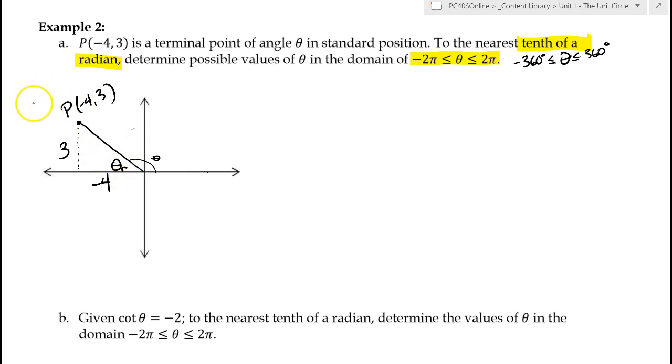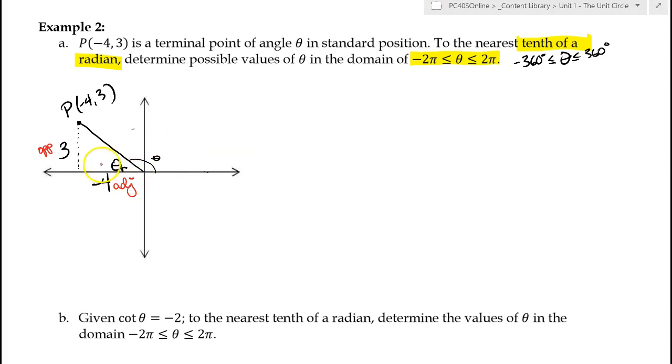Because we know that sine is positive here, but we can always work with a reference angle, and that will always be a positive small angle, always measuring from our x-axis. So that's what I'm going to do here. I'm going to go, okay, well, this is my opposite side relative to my reference angle. This is my adjacent side.